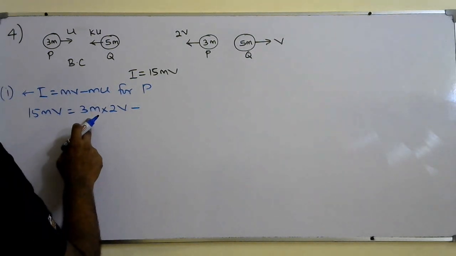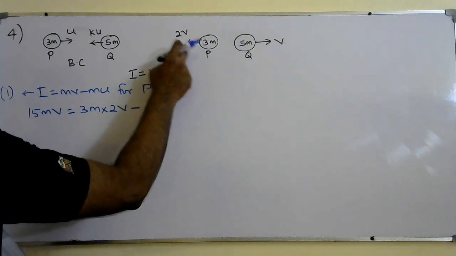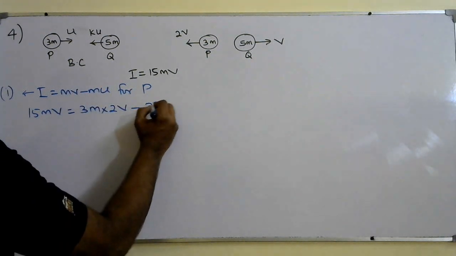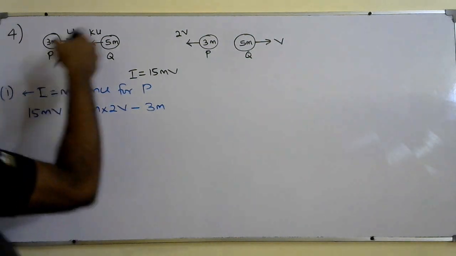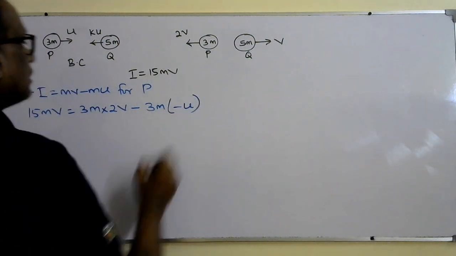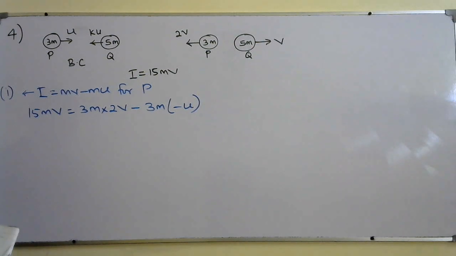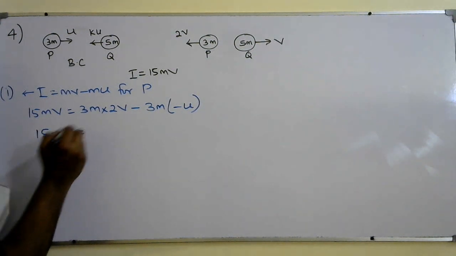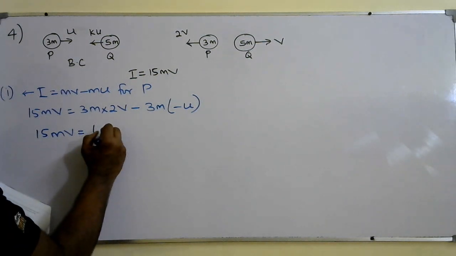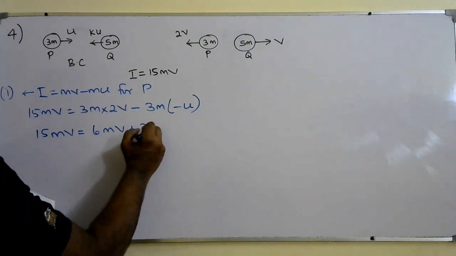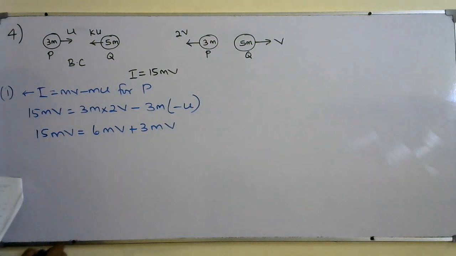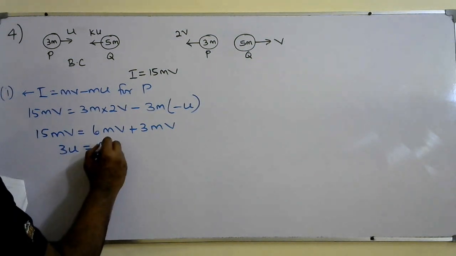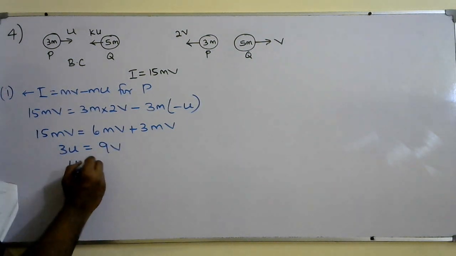So mass of the P is 3m into final velocity 2v minus, the mass is again 3m, U is towards right, to the right means minus U. So it's going to be 15 mv is equal to 6 mv plus 3 mu, all the m will get cancelled, you will get 3u is equal to 9v, so u is equal to 3v.